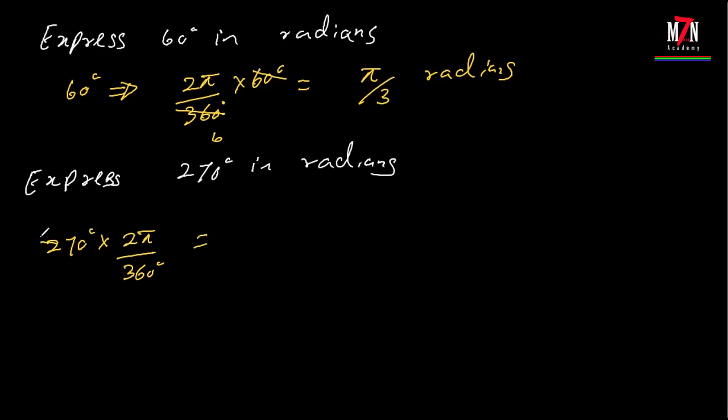Then you can cancel by 90, and you will have 3 pi over 2 in radians. And similarly, we can convert radians into degrees.